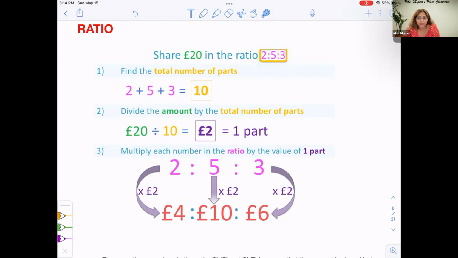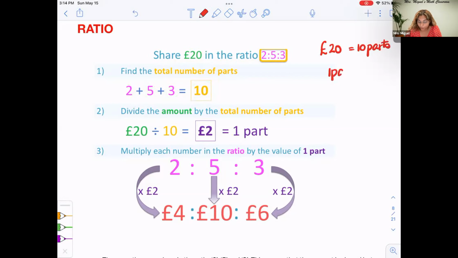The first thing when we are doing questions involving ratio is to find the total number of parts, which is found by adding 2, 5, and 3. The sum is 10. So 20 pounds is shared in 10 parts.